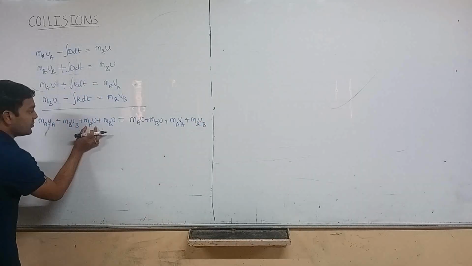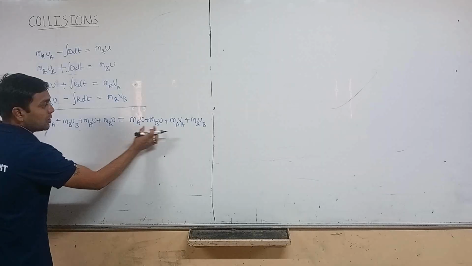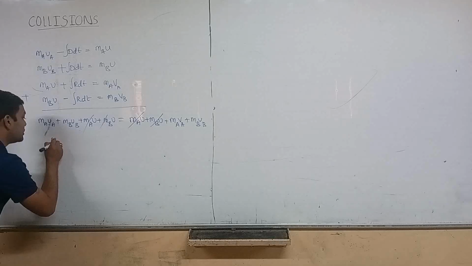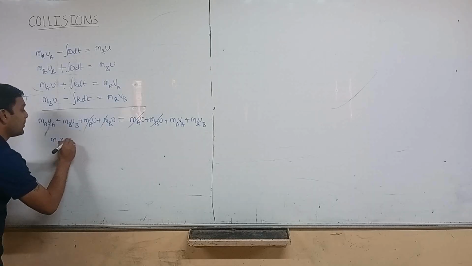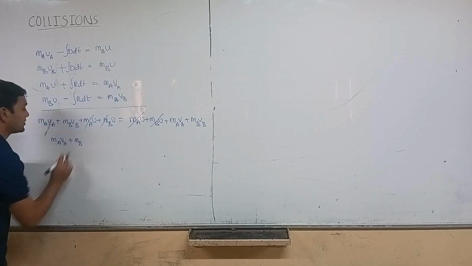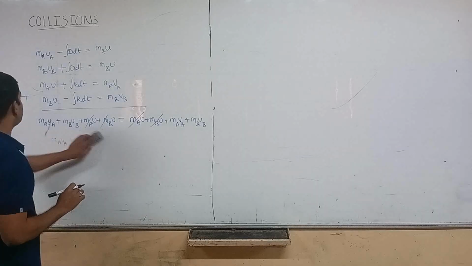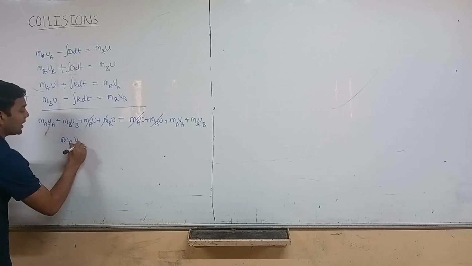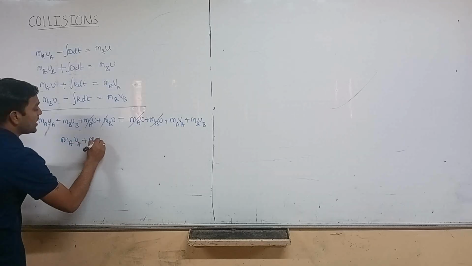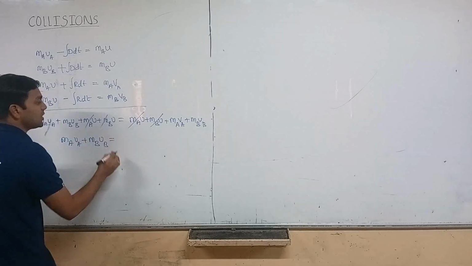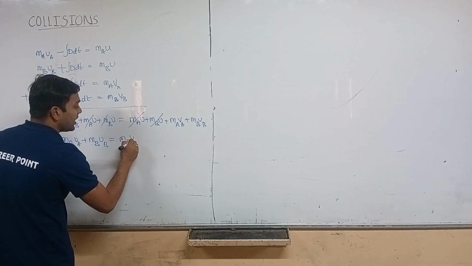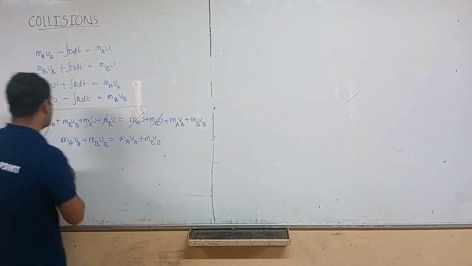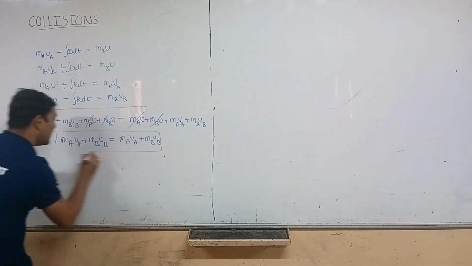So here you see MAU and MBU appear on both sides, so they get cancelled out. The remaining is MAUA plus MBUB equals MAVA plus MBVB.